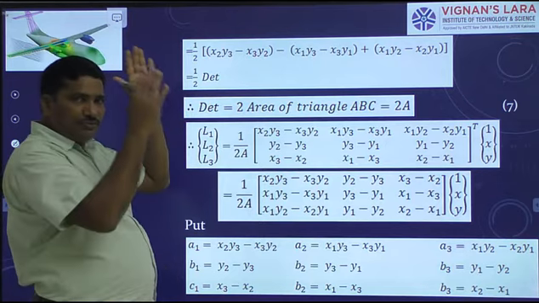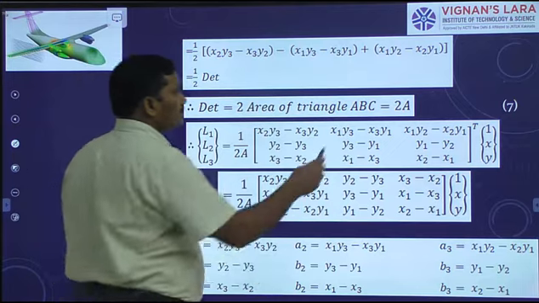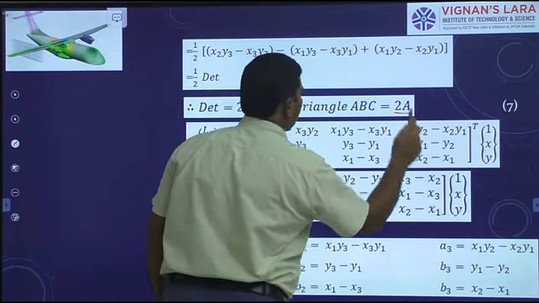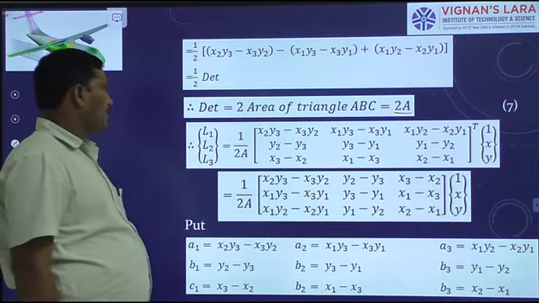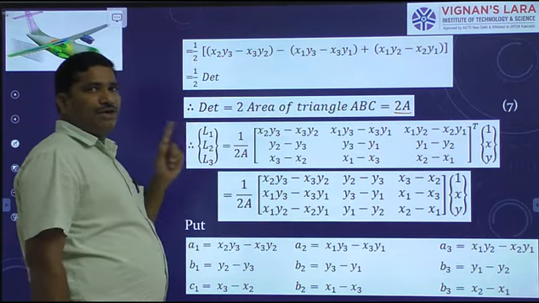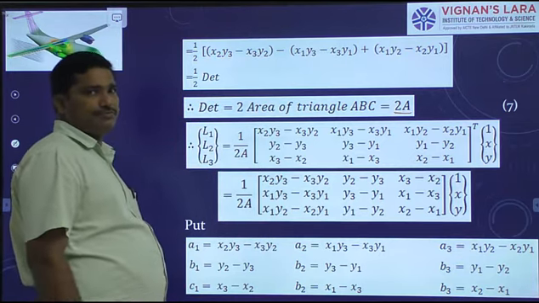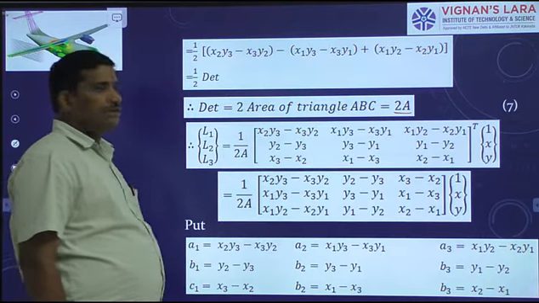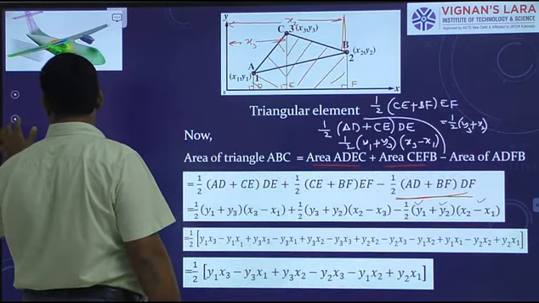Therefore, the determinant of that matrix equals 2 into the area of the triangle, that is 2A. We write here. Okay. Now, again, what do we want? We want L1, L2, L3. Therefore, L1, L2, L3 equals, let us see here.